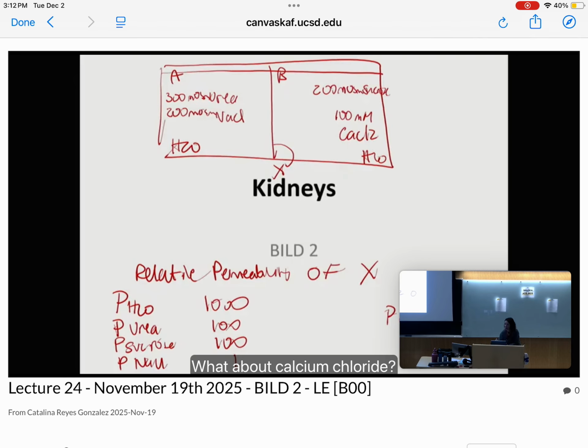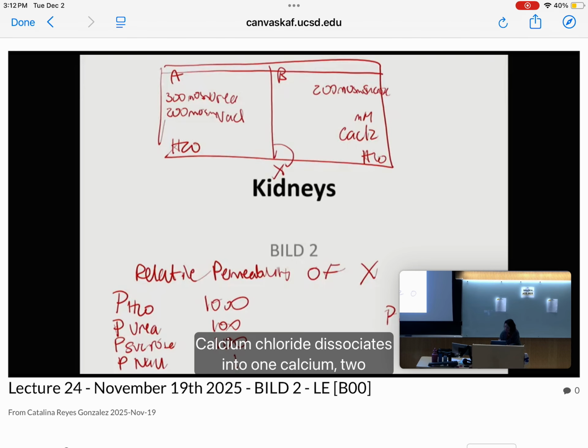What about calcium chloride? 300. Calcium chloride dissociates into 1 calcium and 2 chlorides. That's 3 solute particles, so the dissociation number is 3 times 100. We're going to have 300 milliosmolar calcium chloride.